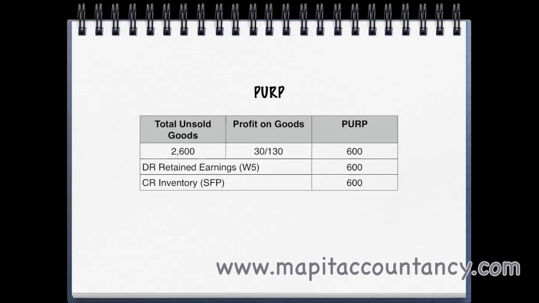We can't recognise any profit on intercompany sales that remain in inventory. So we need to reduce it. So we remove the profit, we credit inventory to reduce their value back to the cost. And that's the cost that they were to the group. So that's how we deal with both the group structure, the consideration, and the provision for unrealised profit.